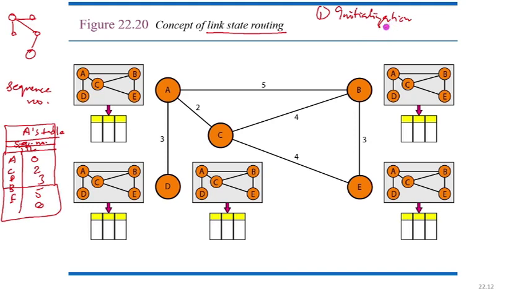So this will be the initialization step. After initialization, there will be the concept of flooding. Instead of sharing just with the neighbors, in link state routing the initial routing table of each router will be shared with all the routers available on the network.